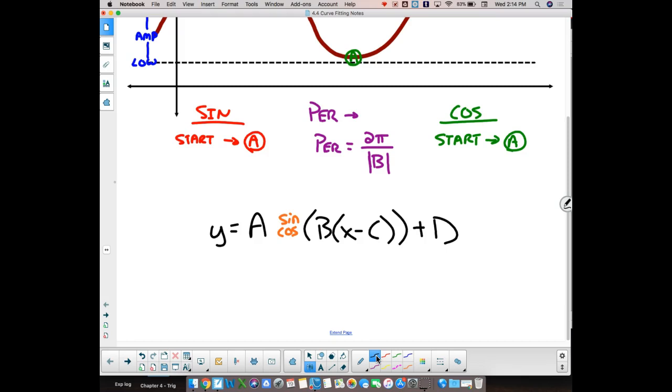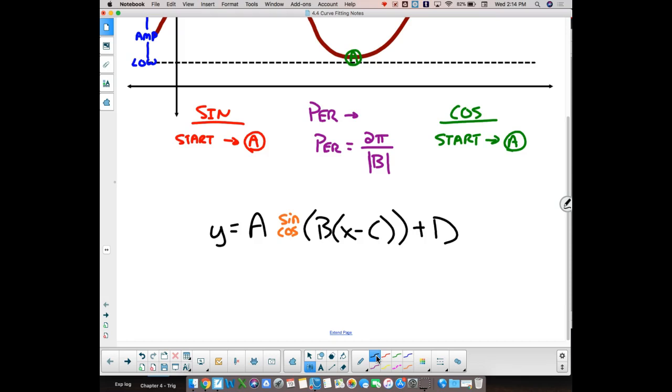So it's going to look like that. Amplitude is a, so we've got to find the amplitude. Period comes from b. Start is c. Middle is d. All those things come through.